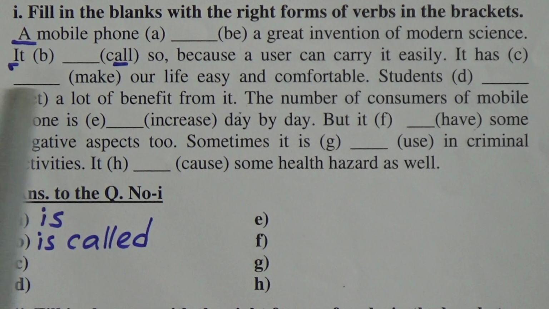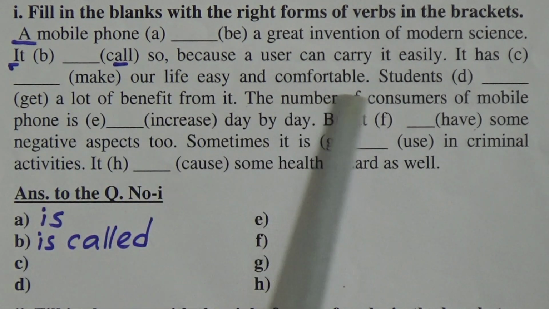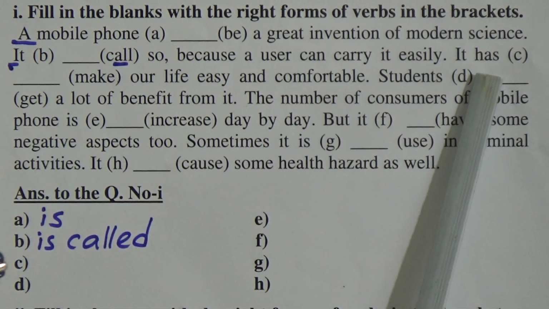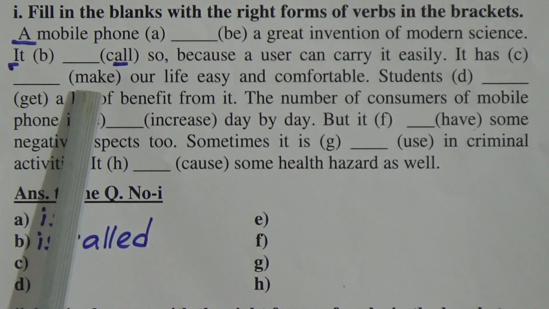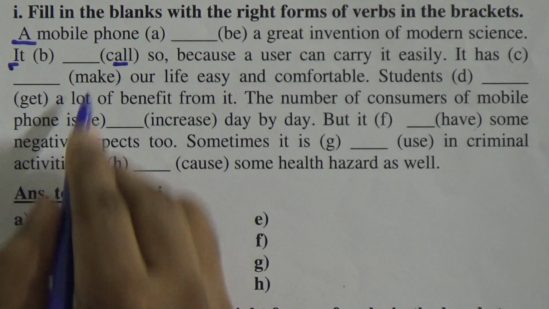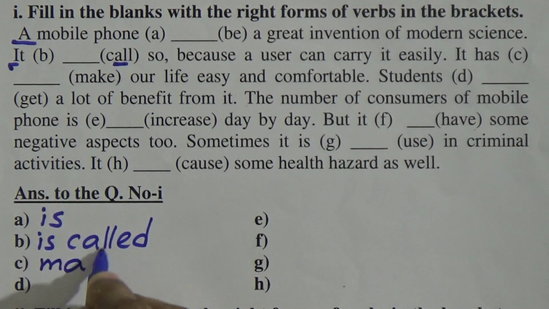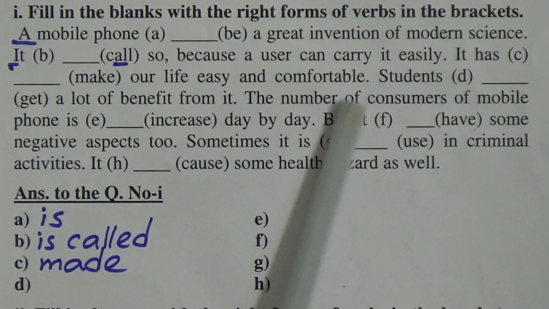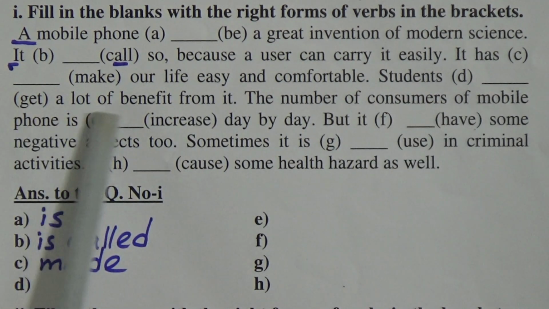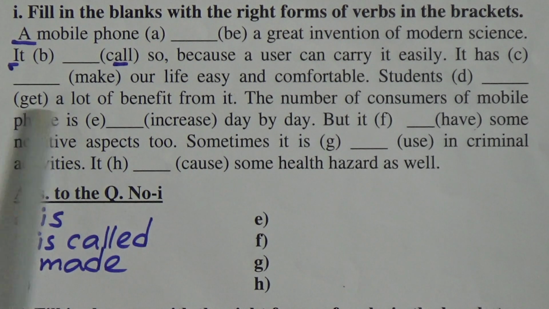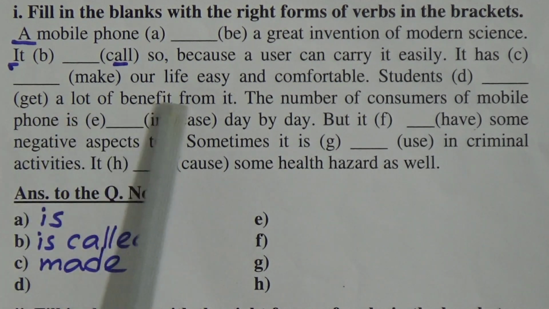It has dash make our life easy and comfortable. So after have or has, we put the past participle of the main verb in present perfect tense. This is very easy. So make will be made because this is present perfect tense. Students dash a lot of benefit, get in the bracket, a lot of benefit from it.